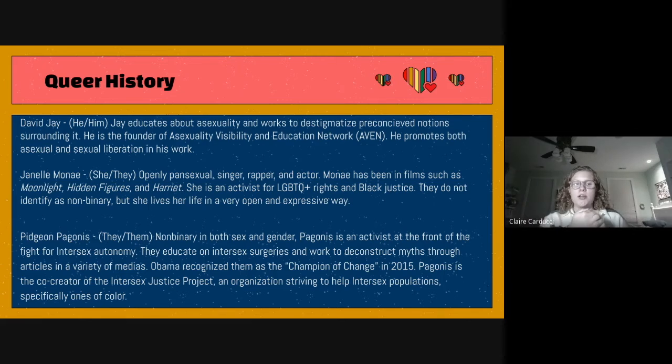And Pigeon's parents did this in the female direction, but they have come out and said that they do not identify with that, and they identify with the intersex identity that they were given at birth. And they really fight to let intersex people decide where to go with their identity. Sorry. All right, continue.